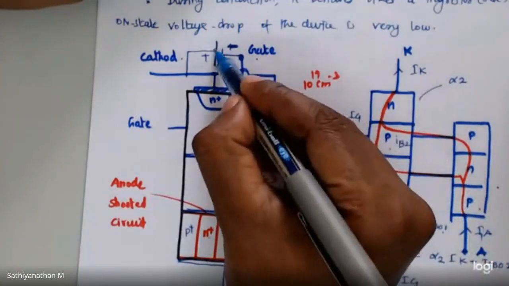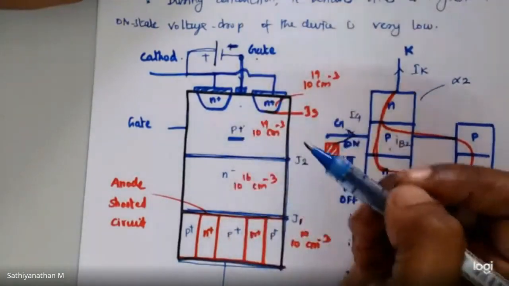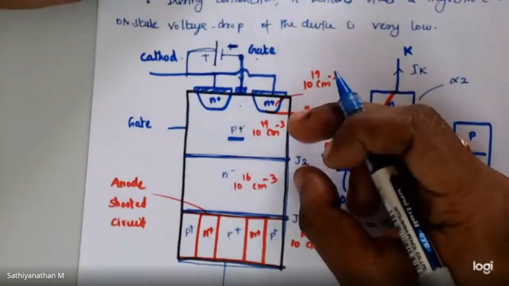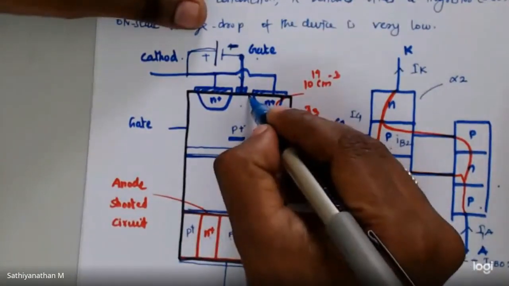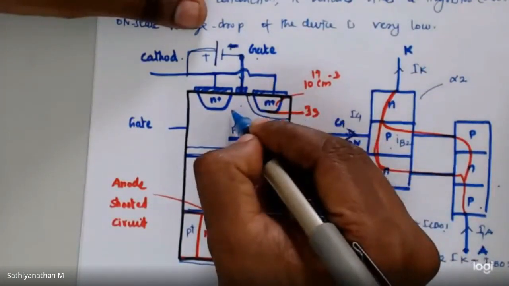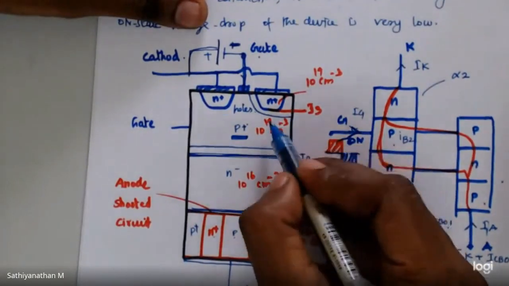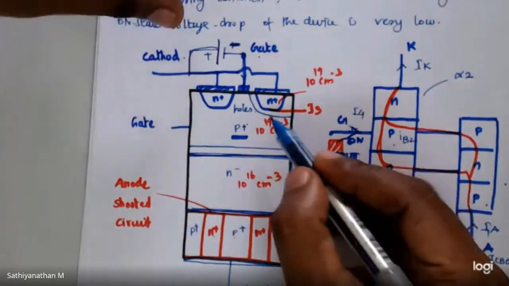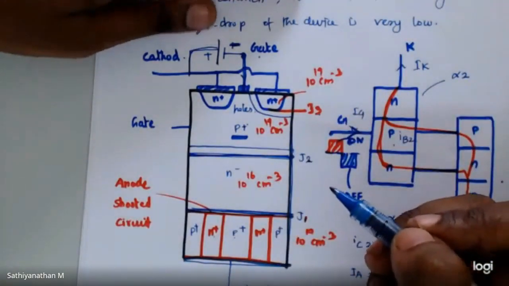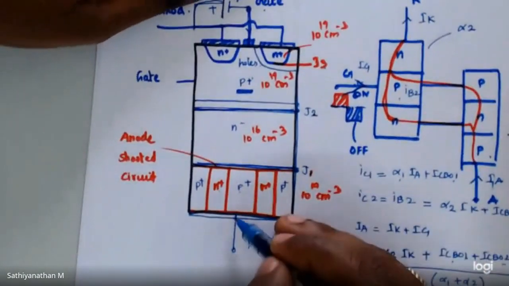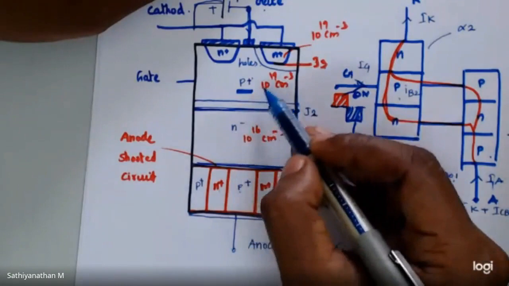So now the holes are injected in the P plus region. That will increase the width of J2 and J3. So now we are injecting holes in this region. So that will increase the width of the depletion layer across the junctions J3 and J2. And moreover, the anode current is shifted towards gate.